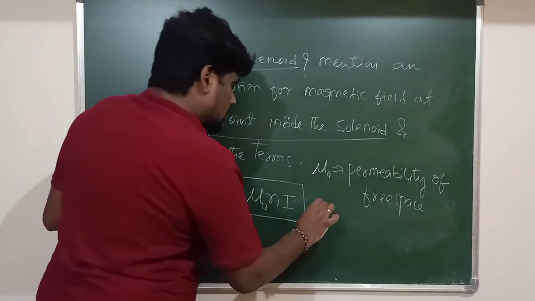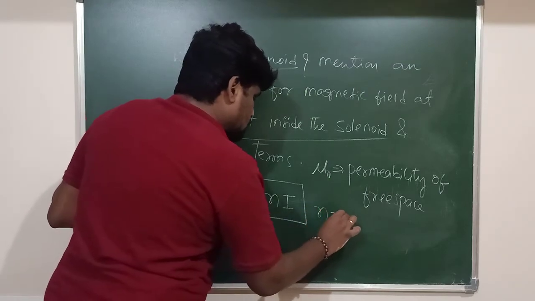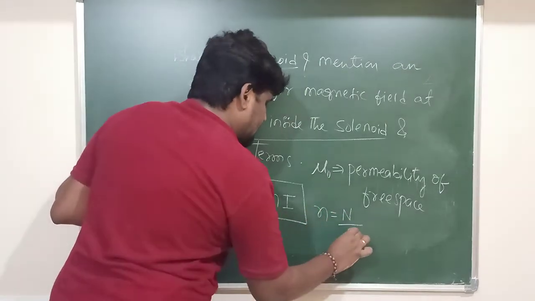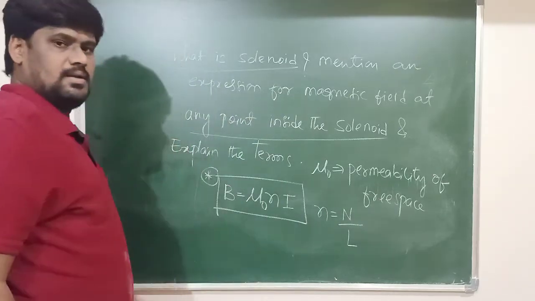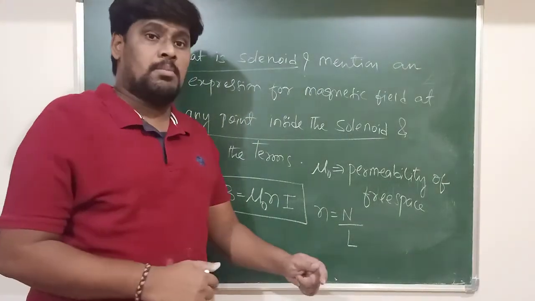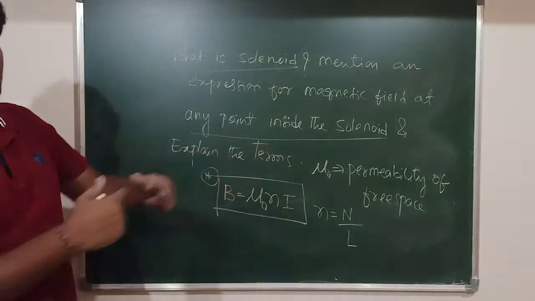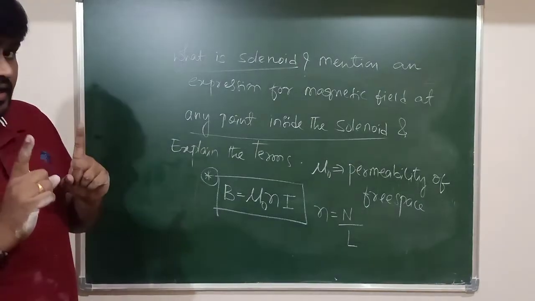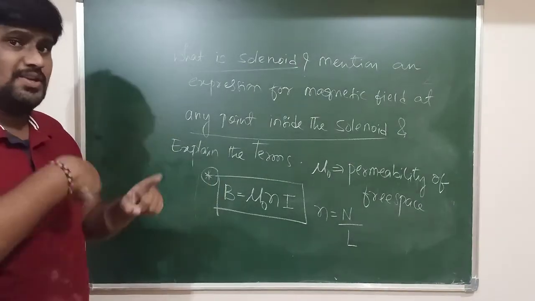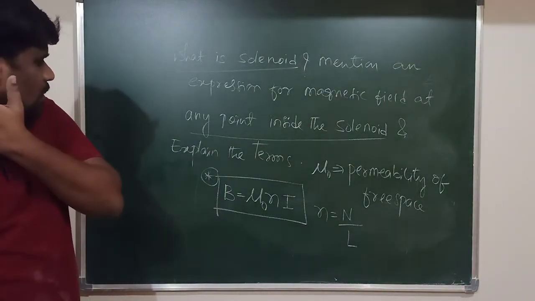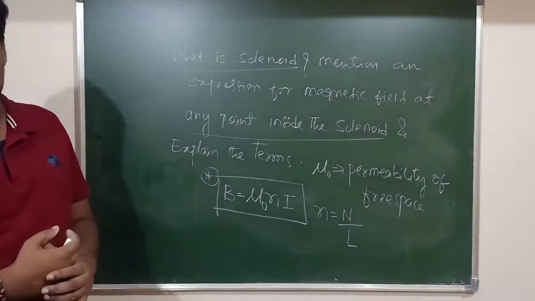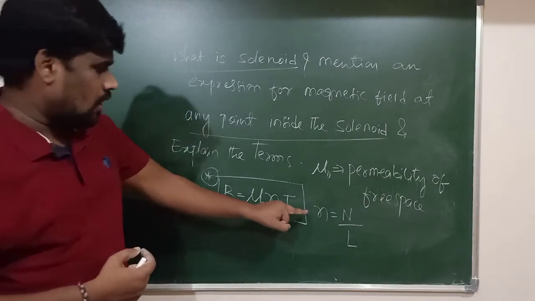And what is n? Small n is equal to capital N by L, where capital N is the number of turns of a solenoid, and L is the length of the solenoid. Then what is small n?